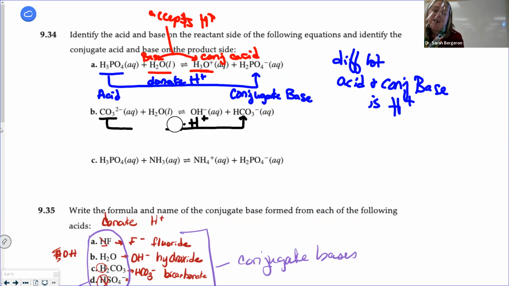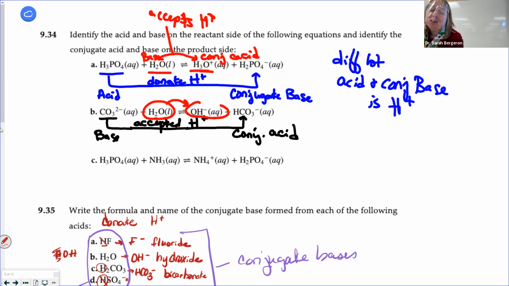I'm writing the wrong thing. I accepted. So what am I? A base, and I make a conjugate acid. So then what is water? Water is my acid that donates the hydrogen, and we turn into a conjugate base. Isn't that cool?